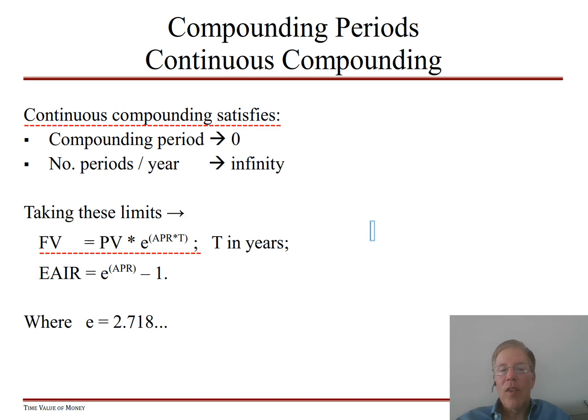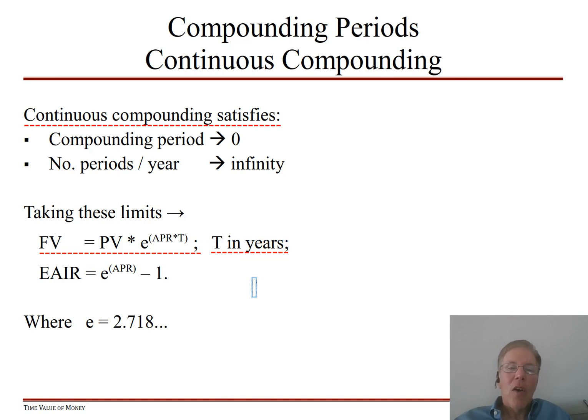The future value is equal to the present value times e raised to the APR times t, where t is always going to be in years for us now.